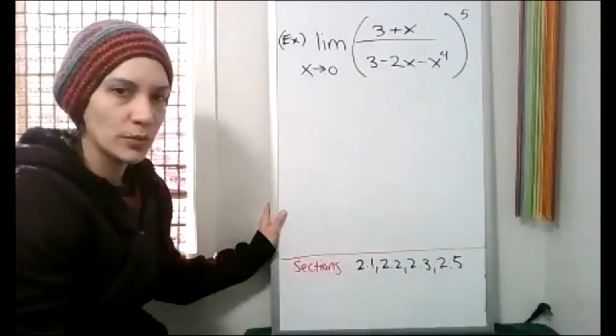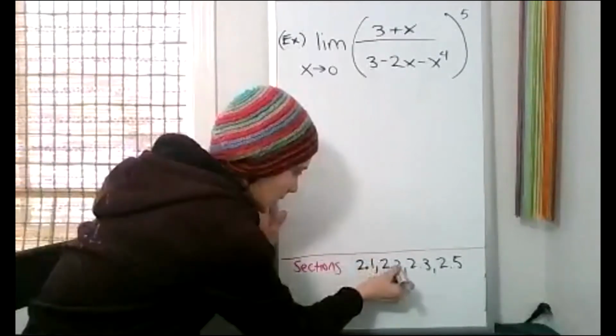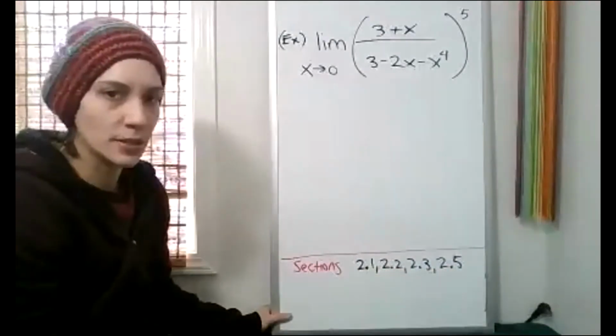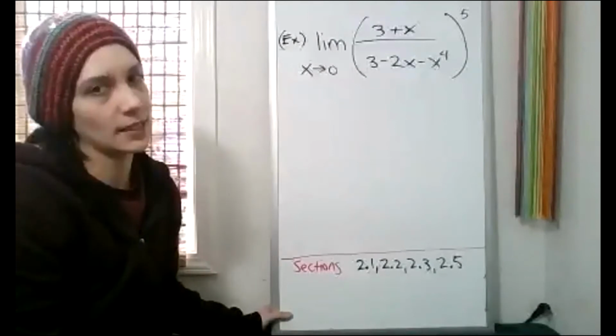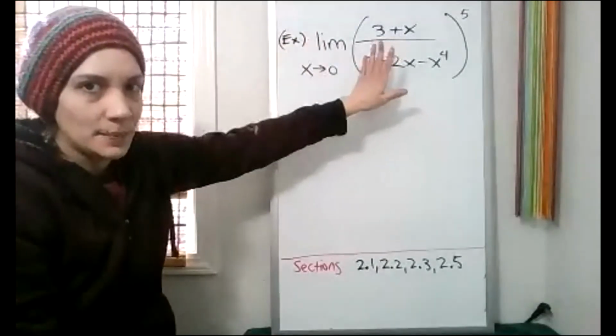I do think 2.4 was important, but there's no time this semester. And we haven't done homework for 2.6 or 2.7, so we'll do that on the next test. All right, here, we're going to bring the limit in.